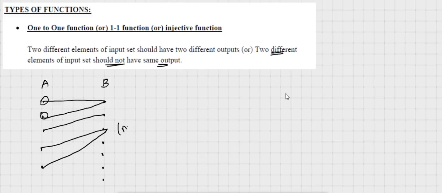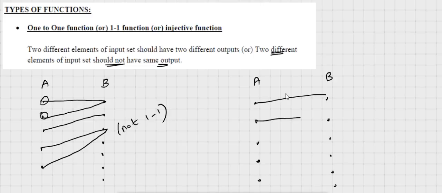This is not one-to-one, but let us take it like this: A has 3 elements or 4 or 5 elements, and here I am just marking 6 elements. Now we are mapping like this. Is this a one-to-one function?